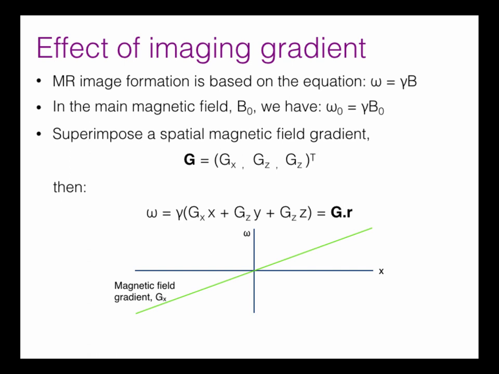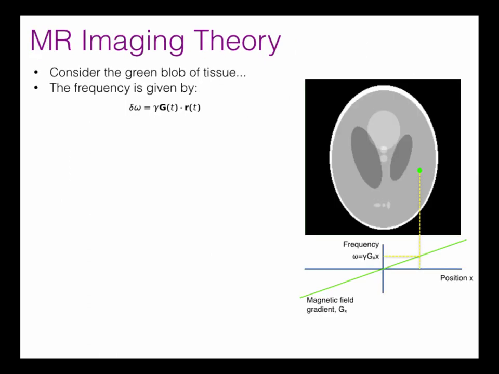And of course, as I said before, they're actually magnetic fields in the Z direction, but they vary in X, or vary in Y, or vary in Z. Then, if I've got some tissue at a position X, Y, Z in the magnet, the actual frequency offset I should get is gamma G dot R. It's basically Gx times the X component, Gy times the Y component, Gz times the Z component.